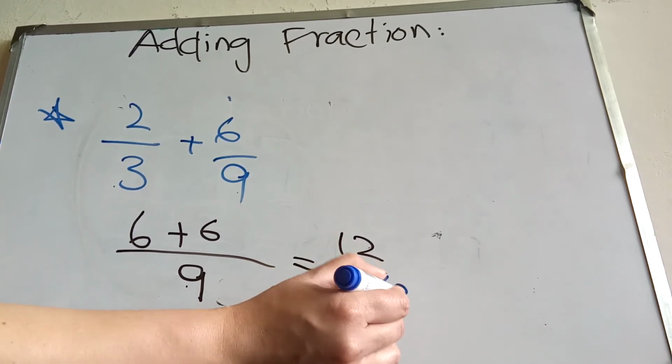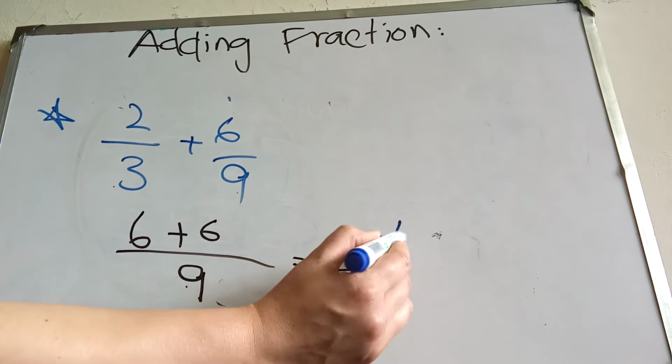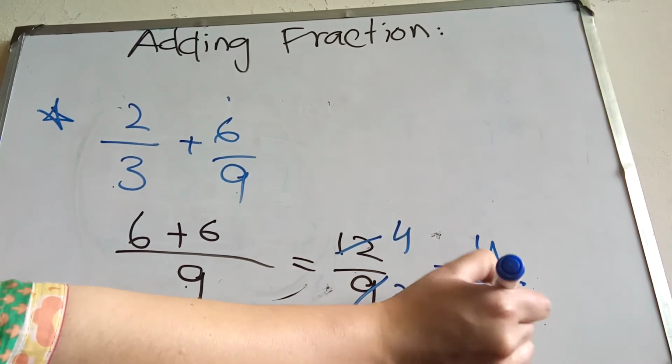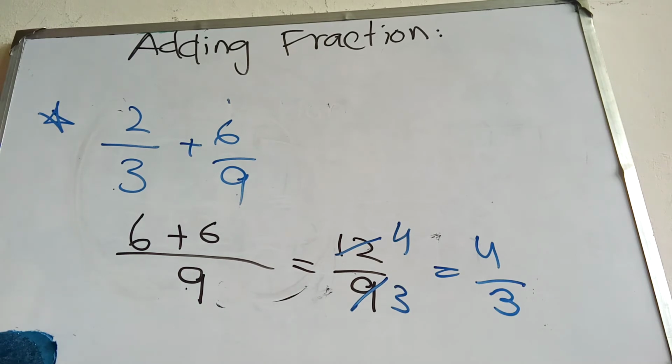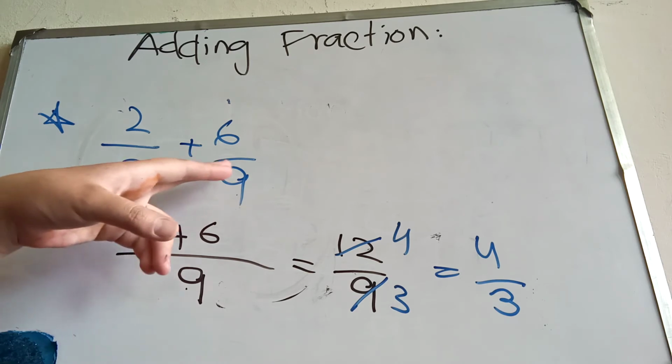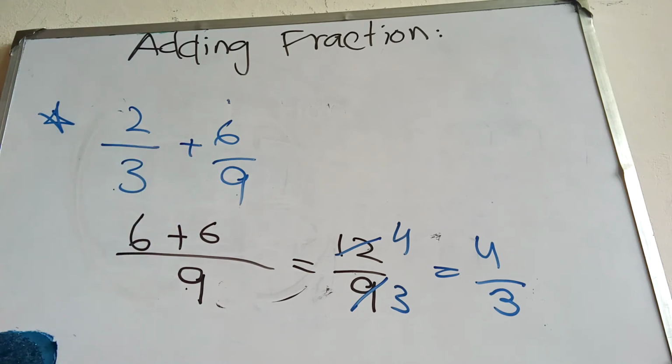Like 3 times 3 is 9 and 3 times 4 is 12. So we get 4 over 3. So the final answer is 4 over 3. So this is how we add unlike fractions, when they have denominators which can cancel each other.